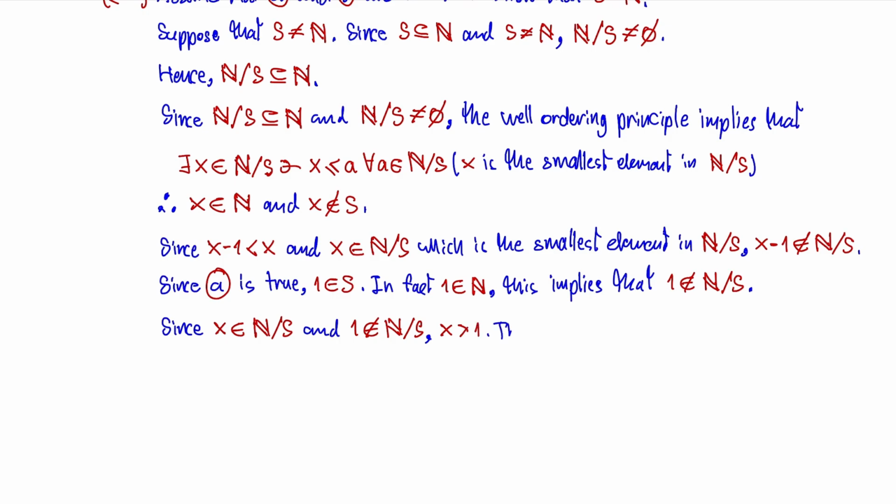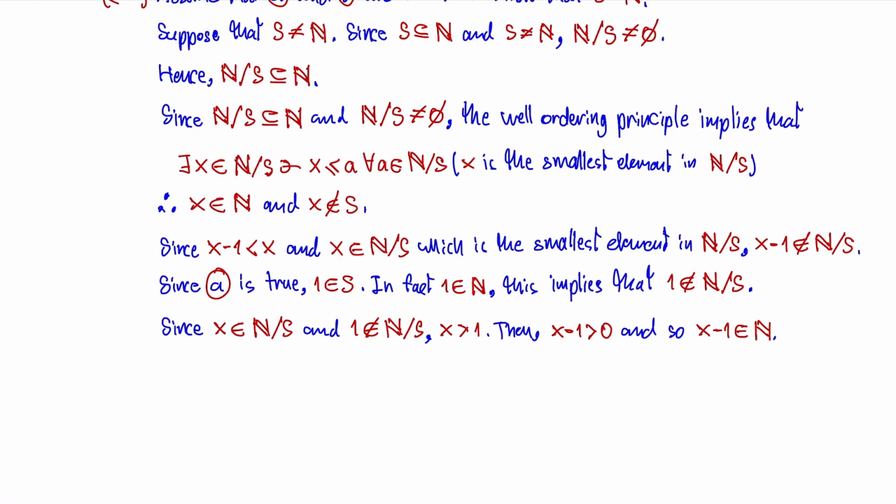So what's happened is X minus 1 is greater than 0. So X minus 1 must be a positive integer. Okay, X minus 1 must be a positive integer.